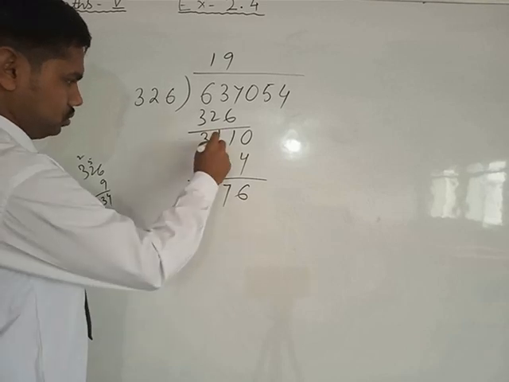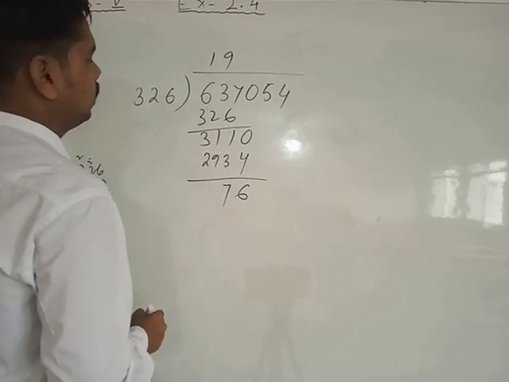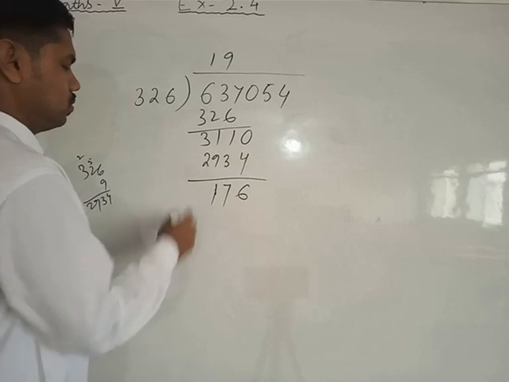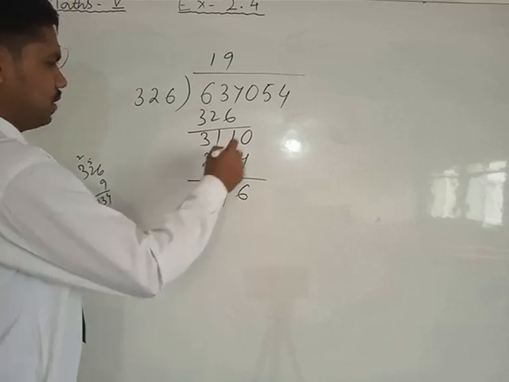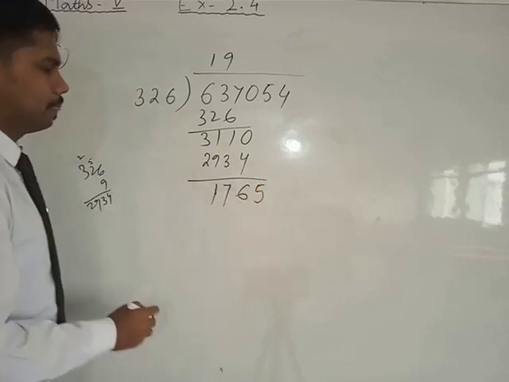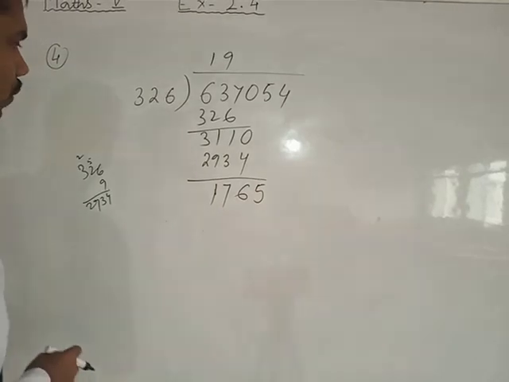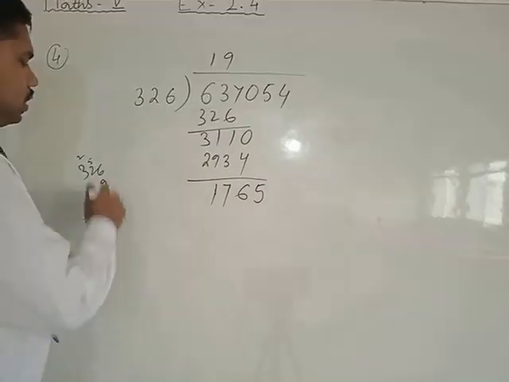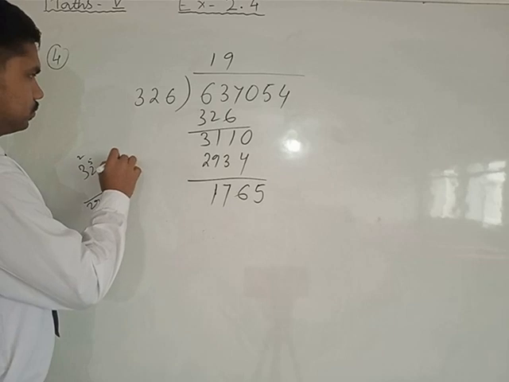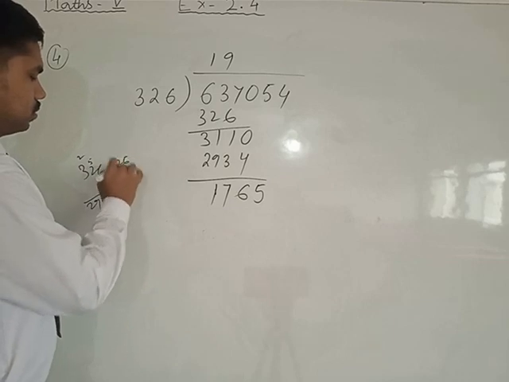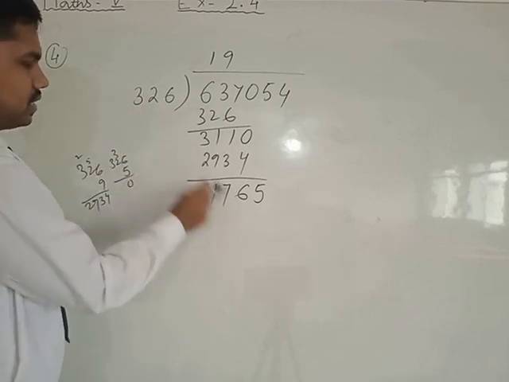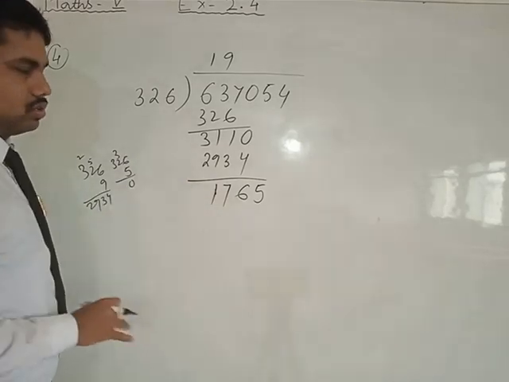So 0, and this will be 0. So 176, 5 will come. So now 17. Let's check with the 5. You have to check this and these two numbers. So that is all.